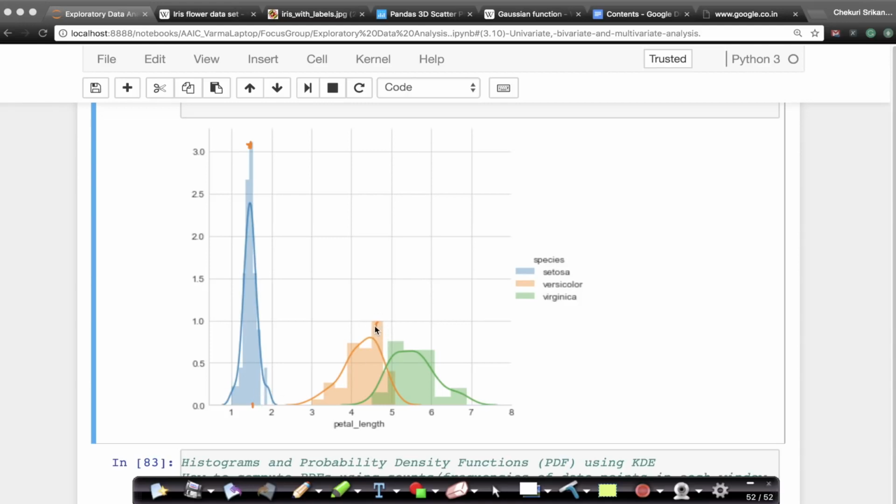Similarly, if you look at this, 4.5 is what we often find, because the height is more. The height here represents how often we find this petal length in these types of flowers. That's because it's a count, right? It's basically a count of the number of flowers we find given a petal length.